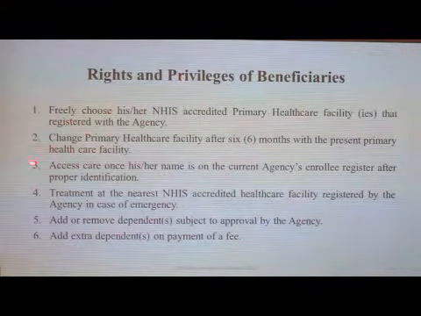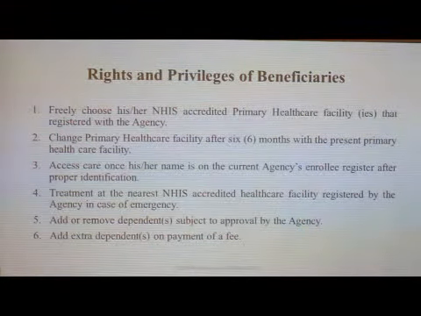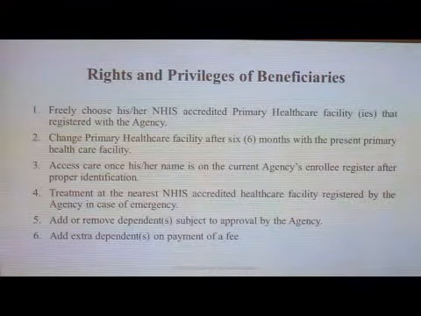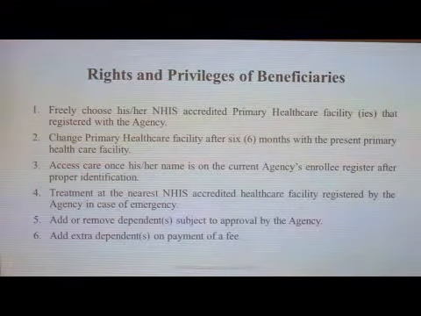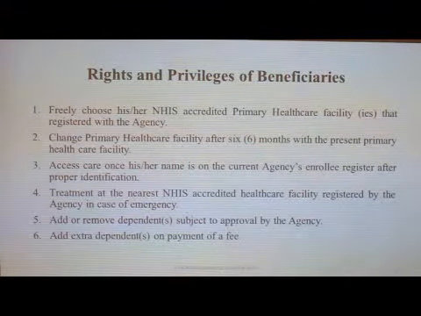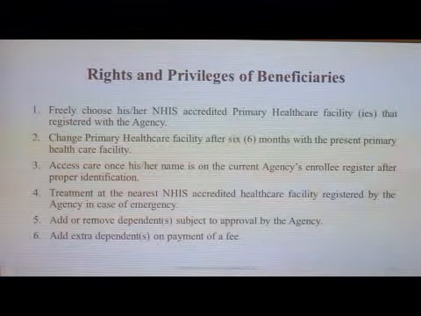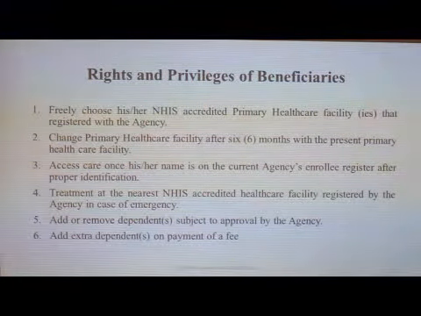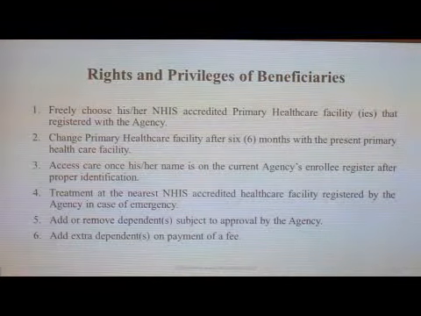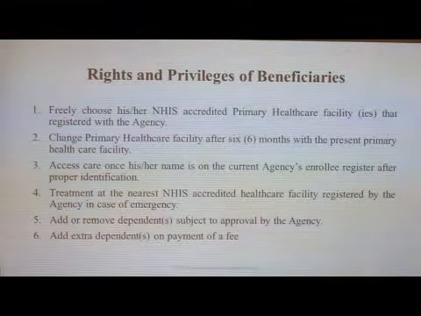The enrollee also has the right to change primary health care facility after 6 months with the present primary health care facility, and also has the right to access care once his or her name is on the current agency enrollee register after proper identification. The enrollee also has the privilege of treatment at the nearest NHIS accredited healthcare facility registered by the agency in the case of an emergency.